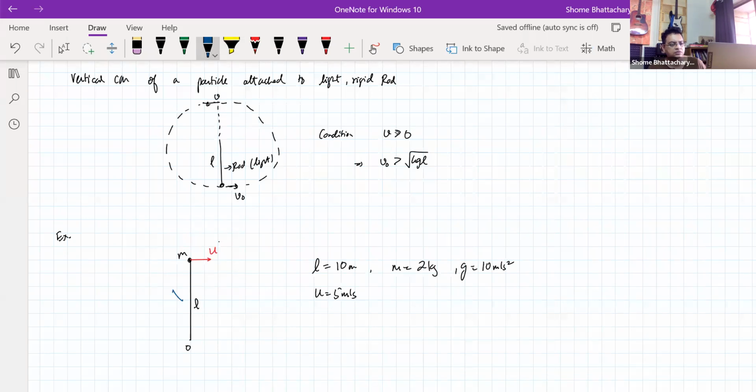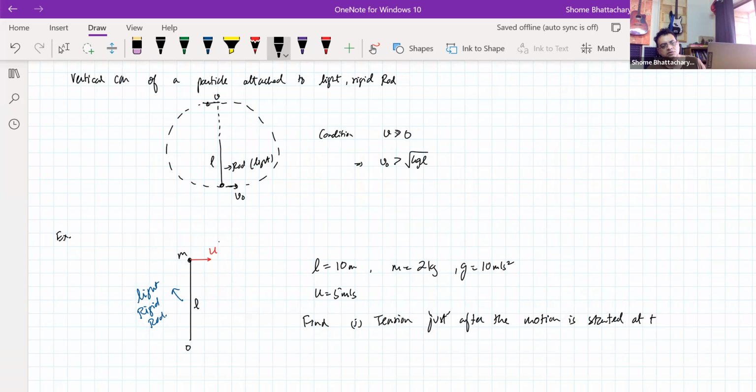So first of all we will find the tension in the rod just after the motion is started at t equal to 0.